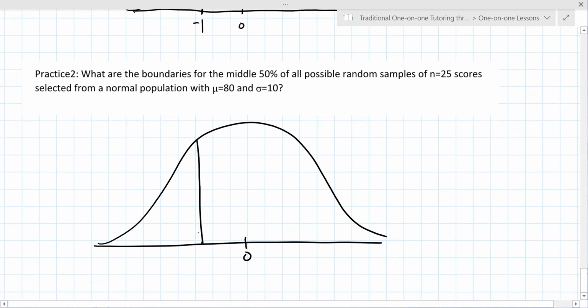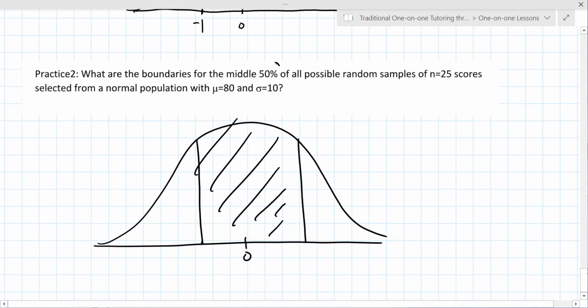There's some number over here and some number over here, and they're the same, so that the area in here is 50%. If this is 50%, that means there's 25% over here and 25% over here. Does that make sense? Because the whole thing's 100%. So you need the z value right there and the z value right there, but one's the negative of the other.